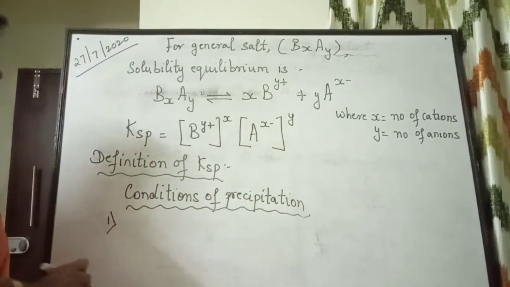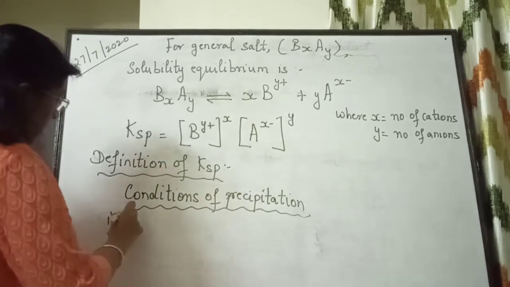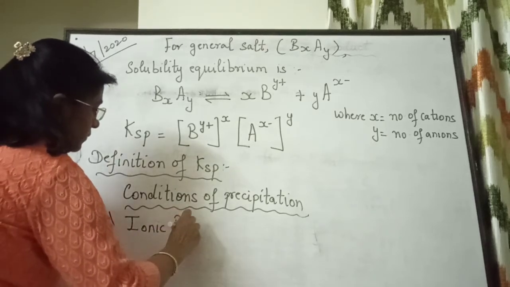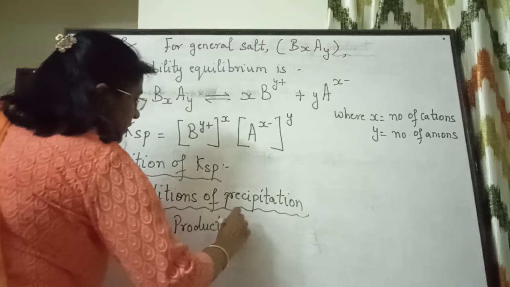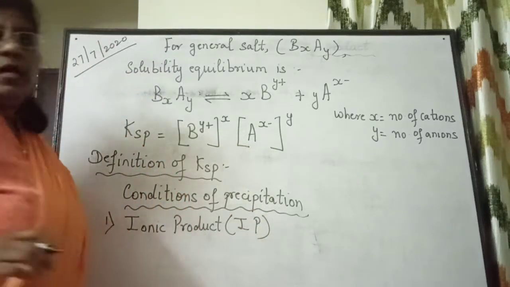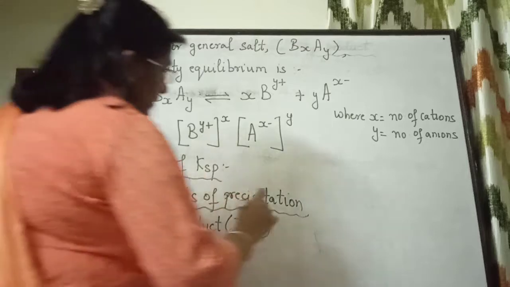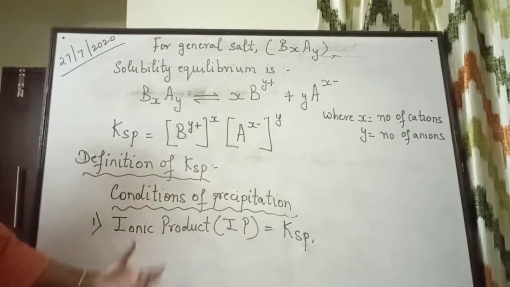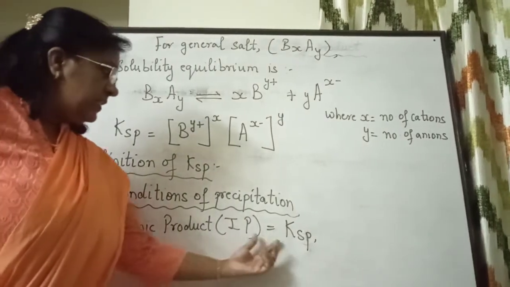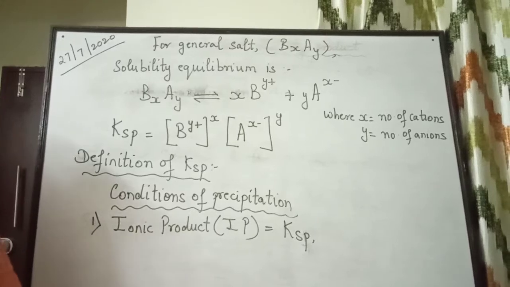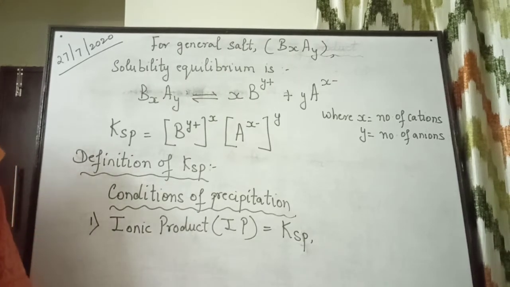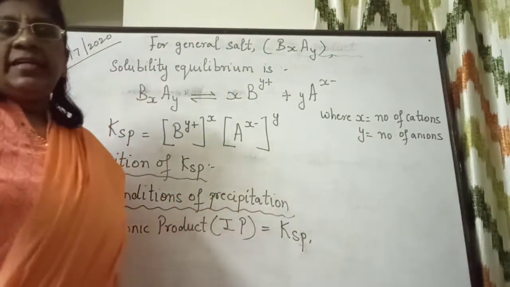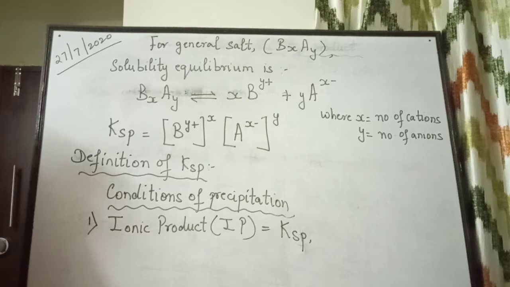The first condition is that the ionic product, in short indicated as IP, is equal to the solubility product. When this condition is true, the solution is saturated and solubility equilibrium exists. At that time, no precipitation will occur.